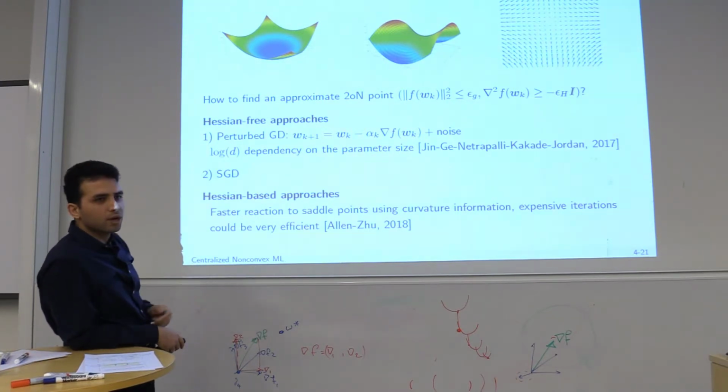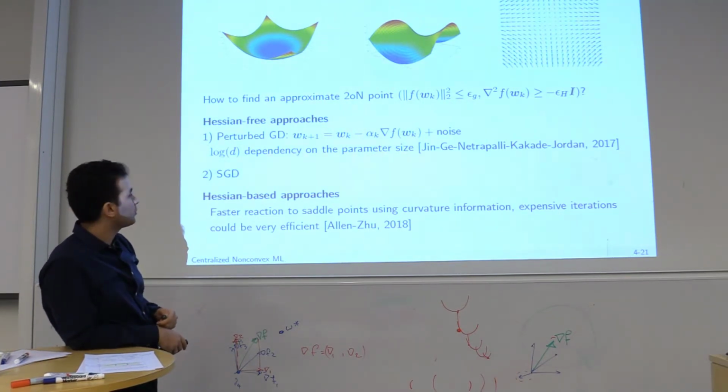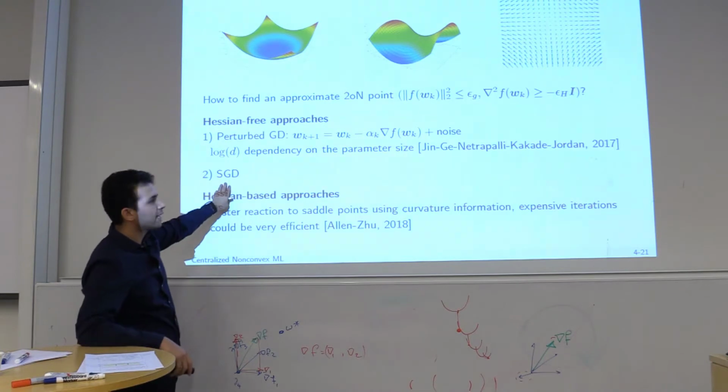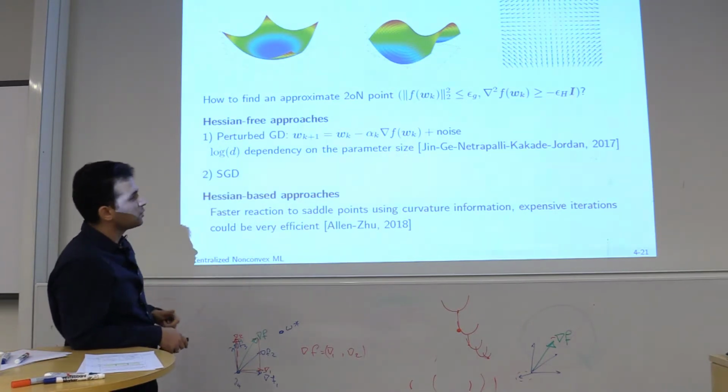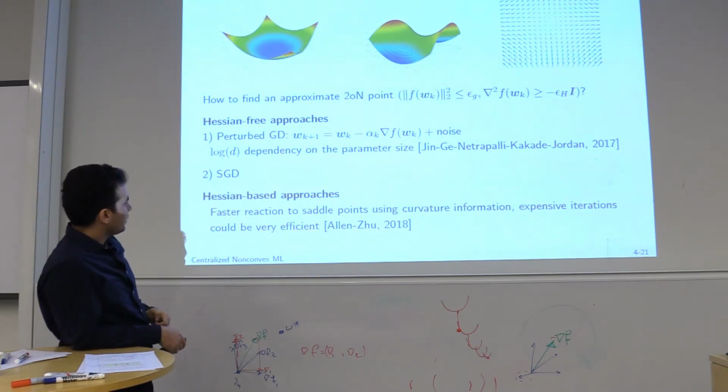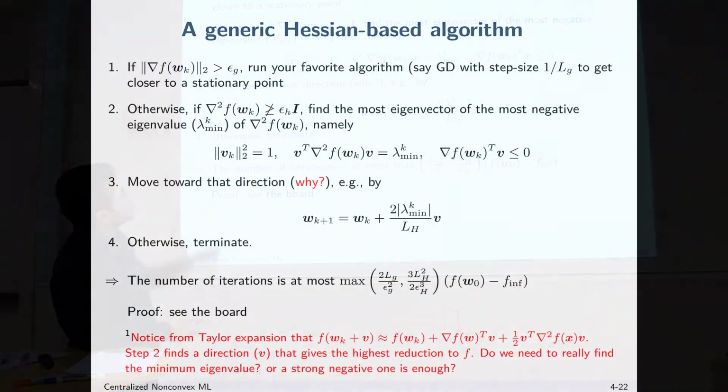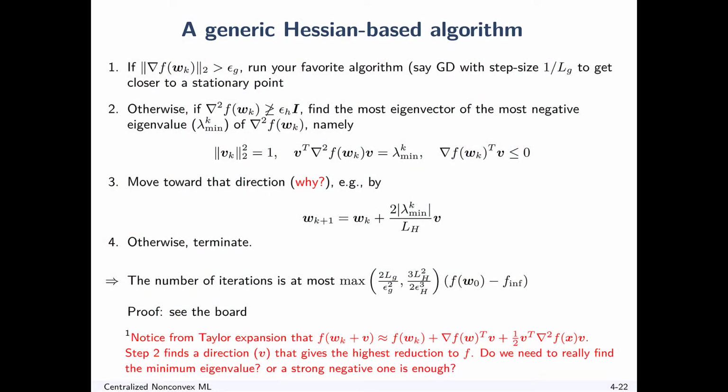Okay, so no wonder why in training neural networks with some versions of stochastic gradient descent, you don't get stuck at saddle points. Simply because you usually cannot get stuck at saddle points. Okay, cool. So this is a generic Hessian-based algorithm. I told you now what is perturbed gradient descent. Pretty much similar to this.